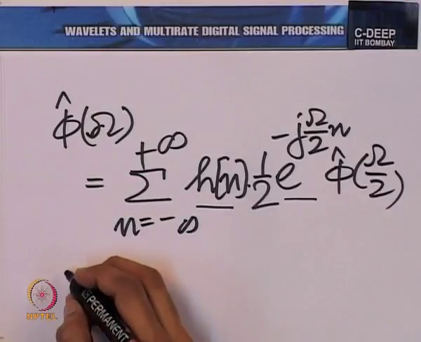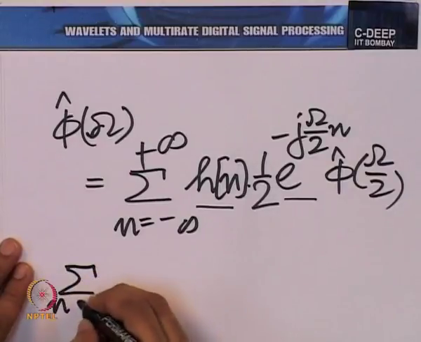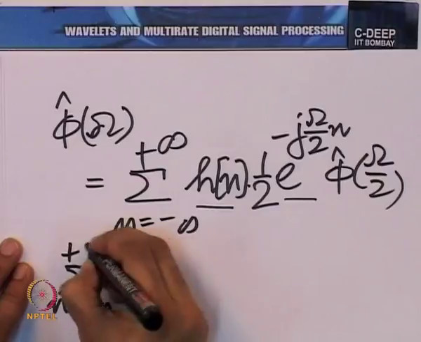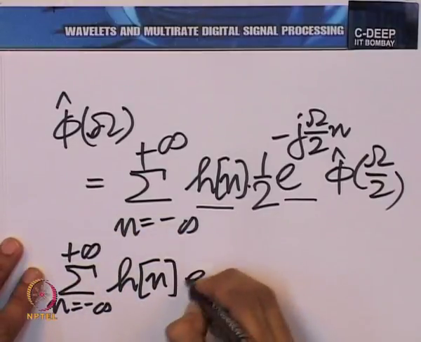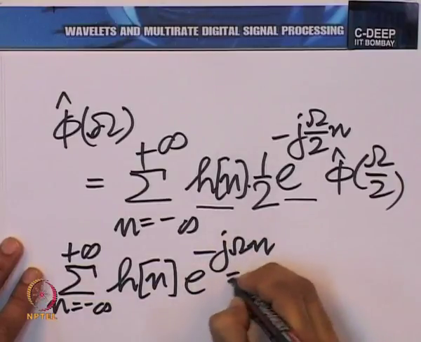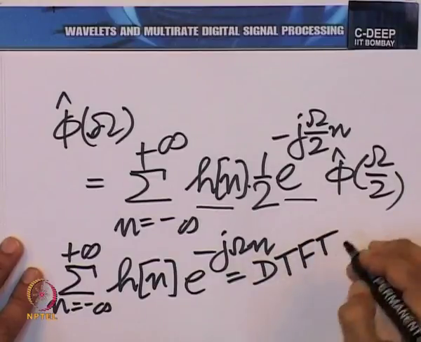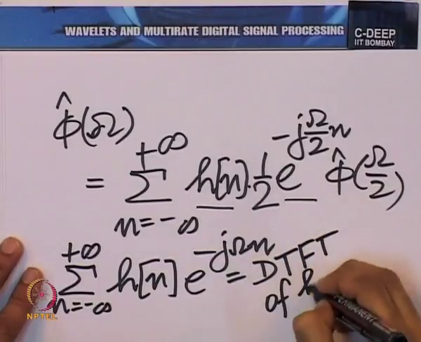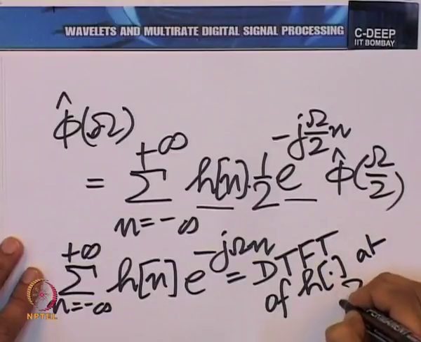Indeed, we note that summation n going from minus to plus infinity h n e raised to the power minus j omega n would be essentially the DTFT, the discrete time Fourier transform of h evaluated at capital omega.